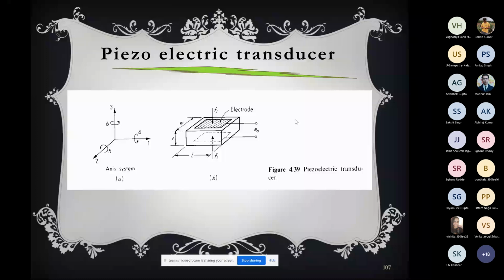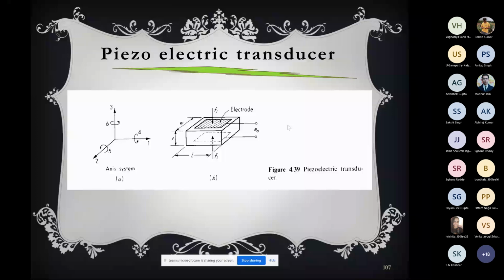You can think this is a capacitor and a charge generator. Due to the deformation, it generates charge and stores the charge, and it behaves as if it is a capacitor, and it gives some voltage output.